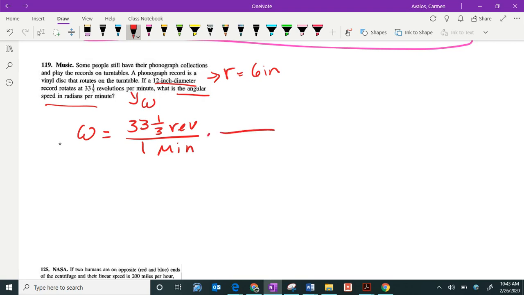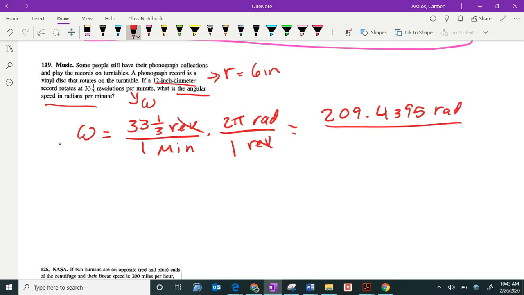So I need to change the revolutions. One revolution is 2 pi radians. So all I need to do is get it into radians. That's going to cancel. And when we get this, we're going to get 2.0943. This is the angle that's being made at 209 radians every minute.